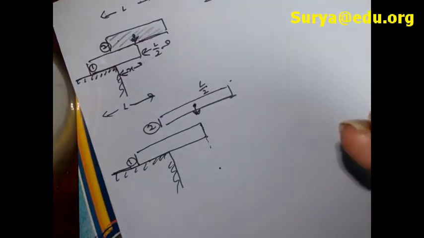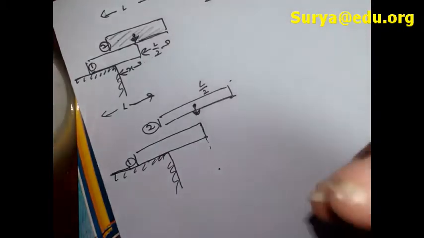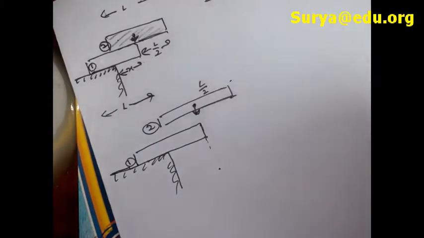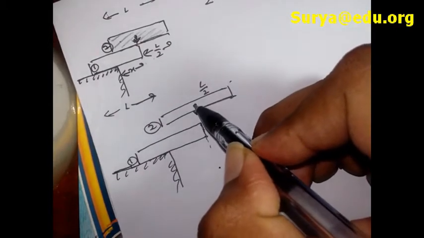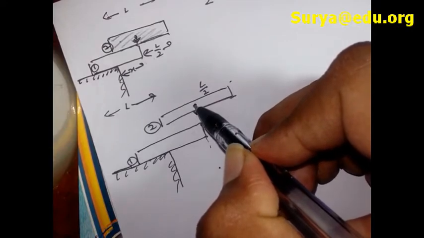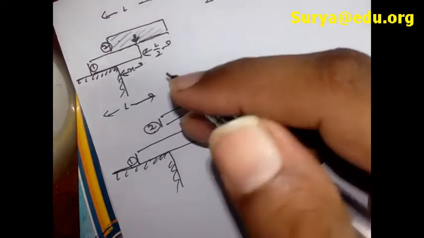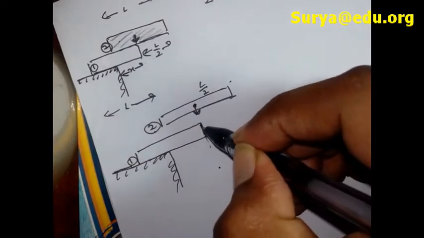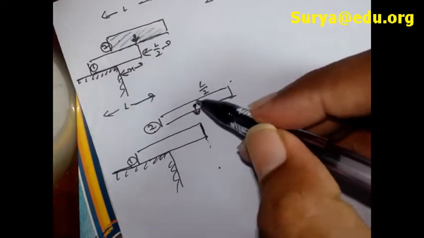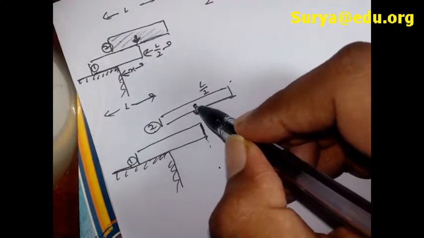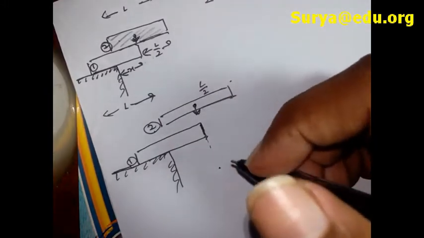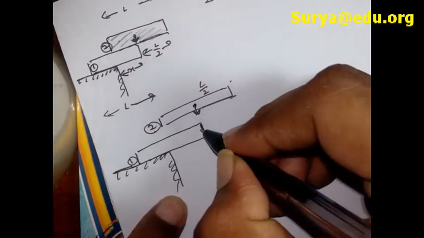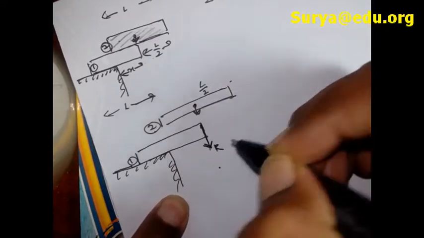Understand? I am again telling, according to the minimum condition, the center of gravity or the weight of block number 2 should pass through the edge of block number 1. That means because of this block number 2, it will exert a kind of downward force on block number 1, like R.